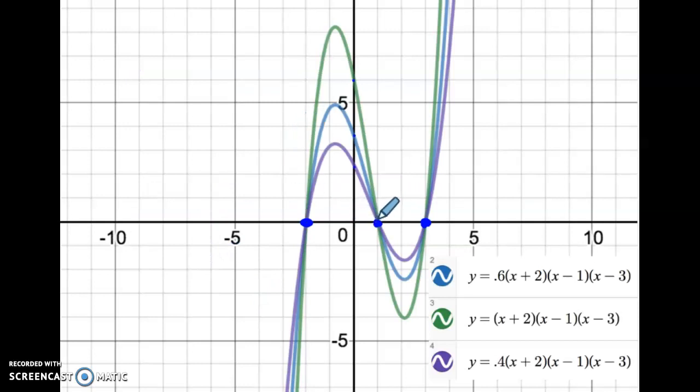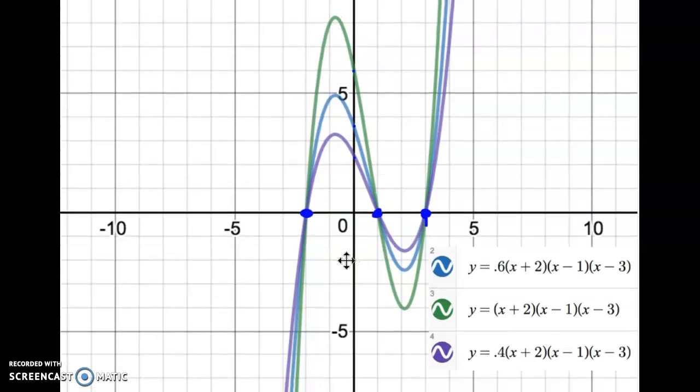Looking at what members of the same family actually look like on a graph, here I've graphed 3 of them. The blue one has an a value of 0.6, the green one has an a value of 1, and the purple one has an a value of 0.4. We can see that they share the same x-intercepts, which means they are the same family.